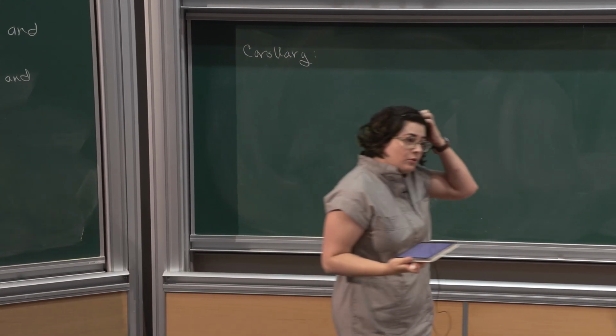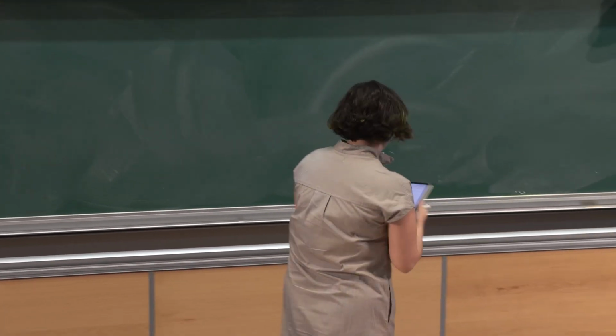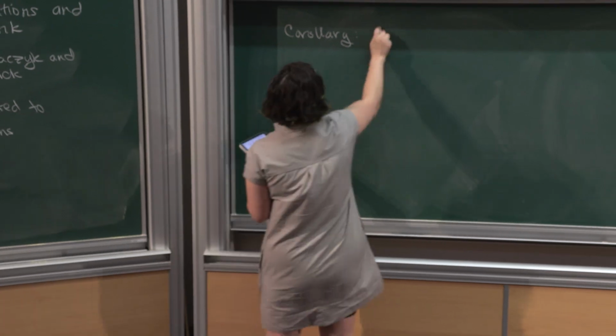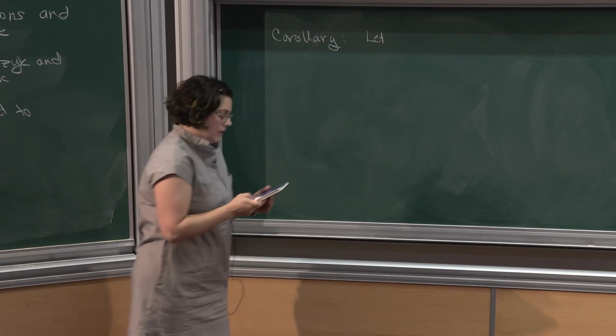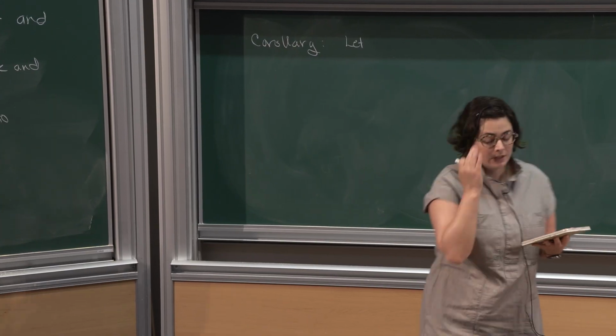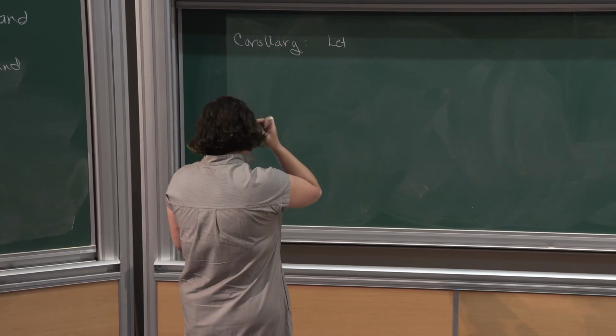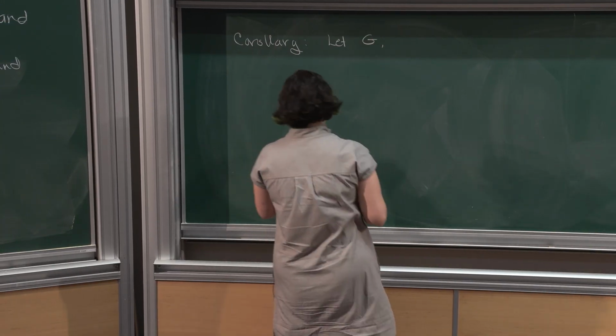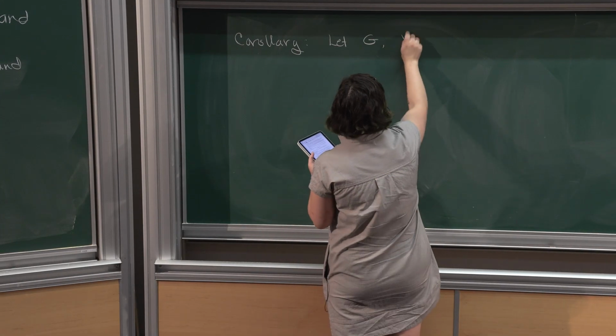All right, so I want to mention briefly this corollary, and then we won't talk about it again. But we get a corollary on mod P homology of these lattices. So we let G, X, and gamma I be as before.